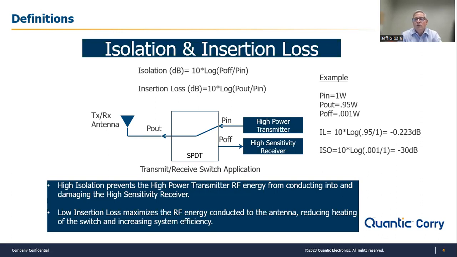And there's an example there that I have on the right. So if you had power in of 1 watt and you measured power out of 0.95 watts, and your off port had 0.001 watts in that state, then the insertion loss would calculate out to be minus 0.223 dB, and the isolation would calculate out to be minus 30 dB.